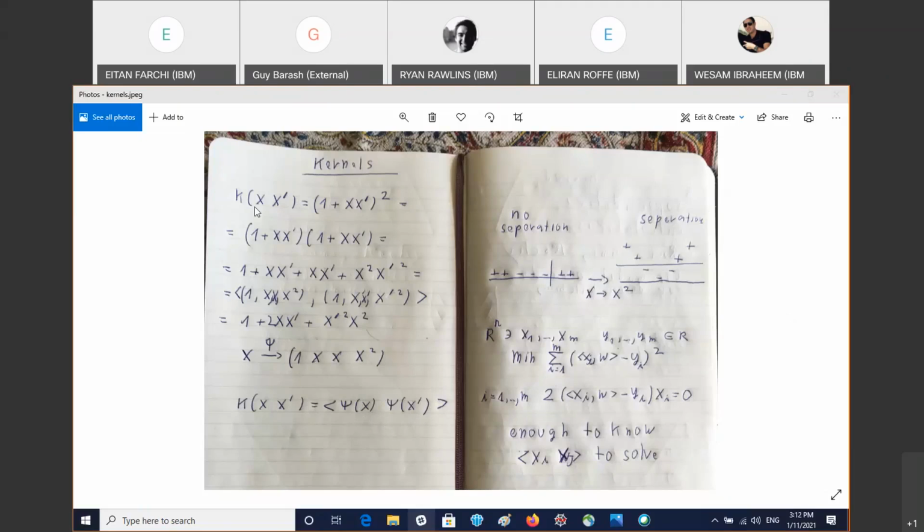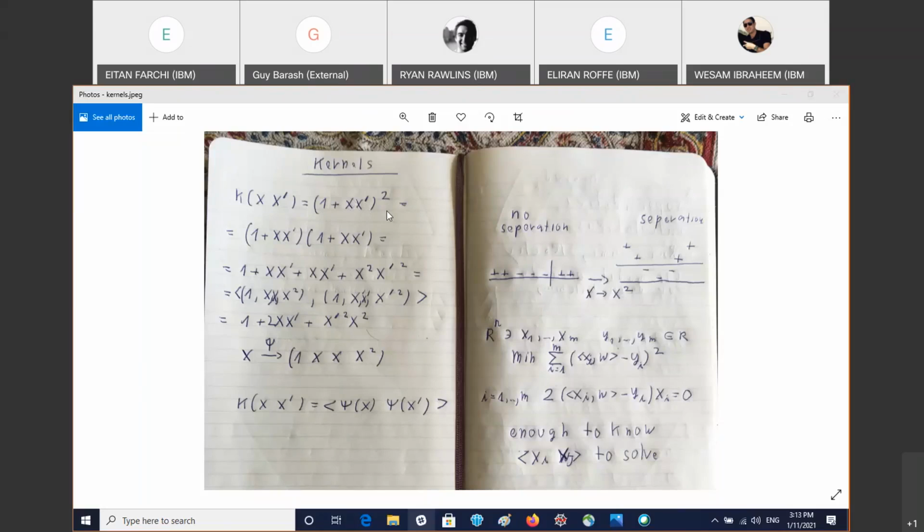So consider the following kernel, which I want to explain why it's a kernel. I have 2 points in R, and what I do is multiply them, add 1, and take the power of 2.